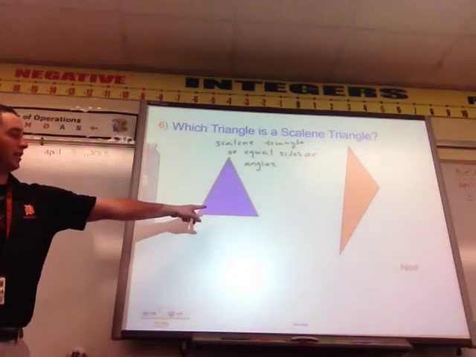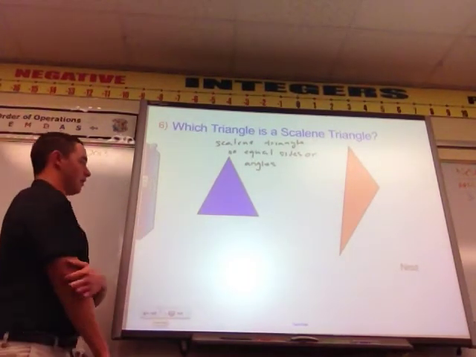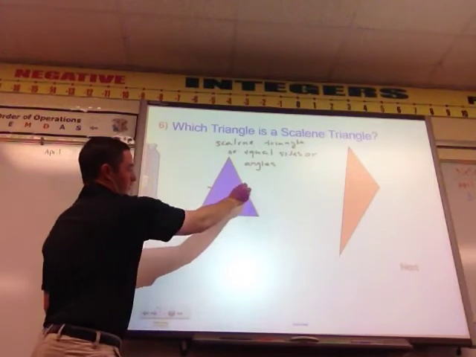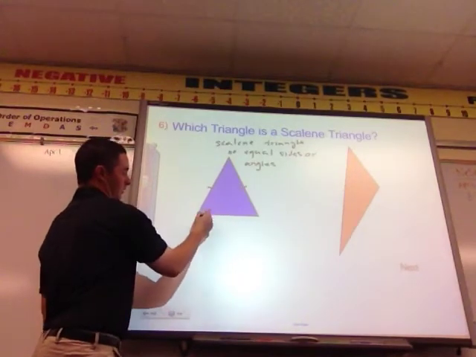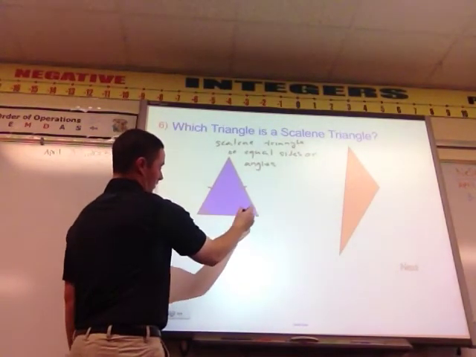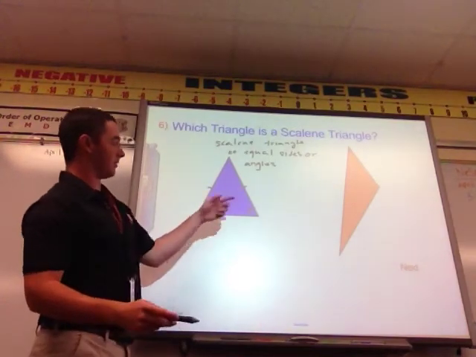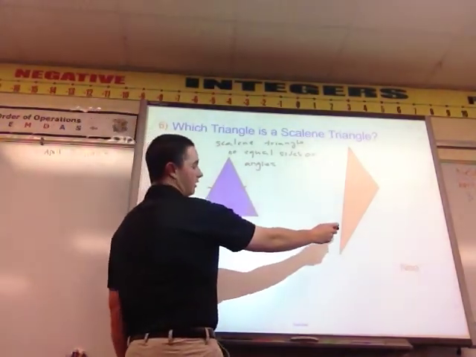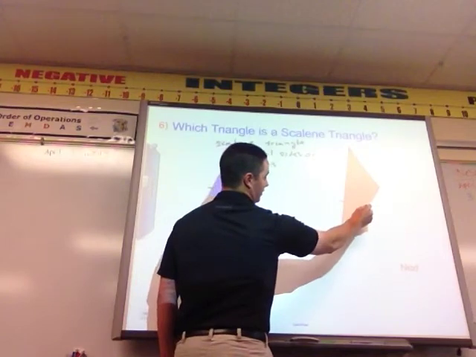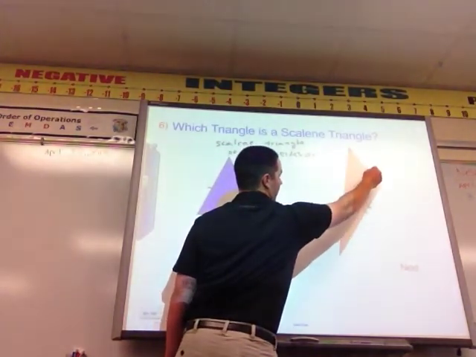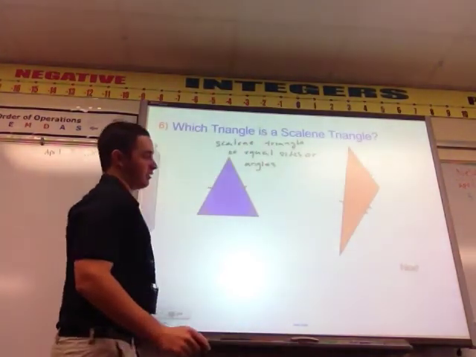So we already said this one is an isosceles triangle because these two sides are the same and these two angles are the same. So we know that's not a scalene triangle because of that. And here, like we were saying earlier, this side is the longest, this is the second longest, and this one is the third longest.